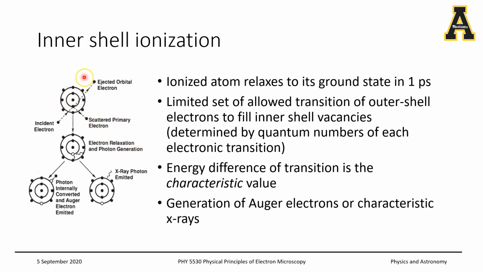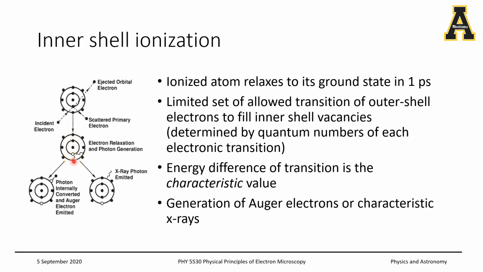Anyway, so let's take a look at this atom here. So now this atom is ionized, because there is an imbalance in the charge and it would want to go back to its ground state. So typically it takes about 1 picosecond for this atom to go down to its ground state. There are two things that can happen. One is that an electron from the outer shell moves into the inner shell, because the electrons in the inner shell are at higher energy.